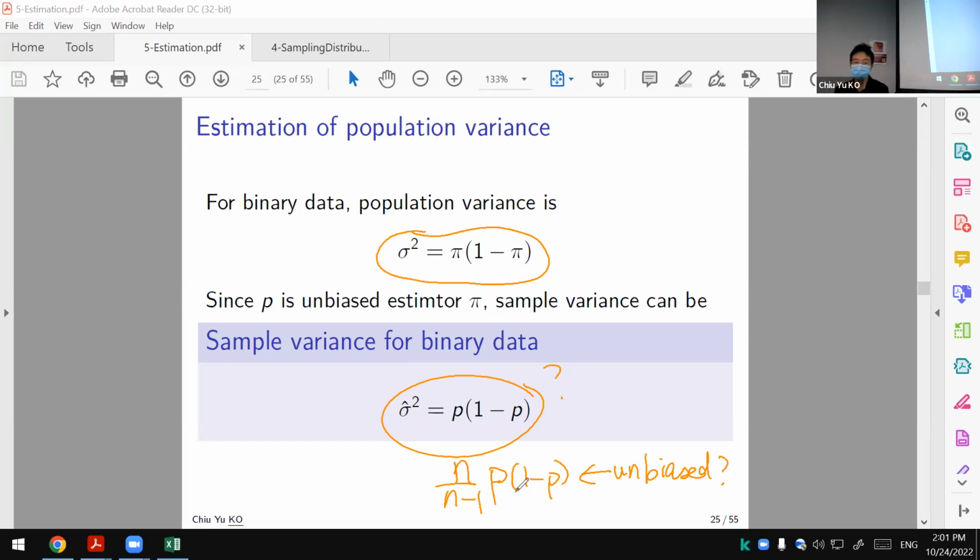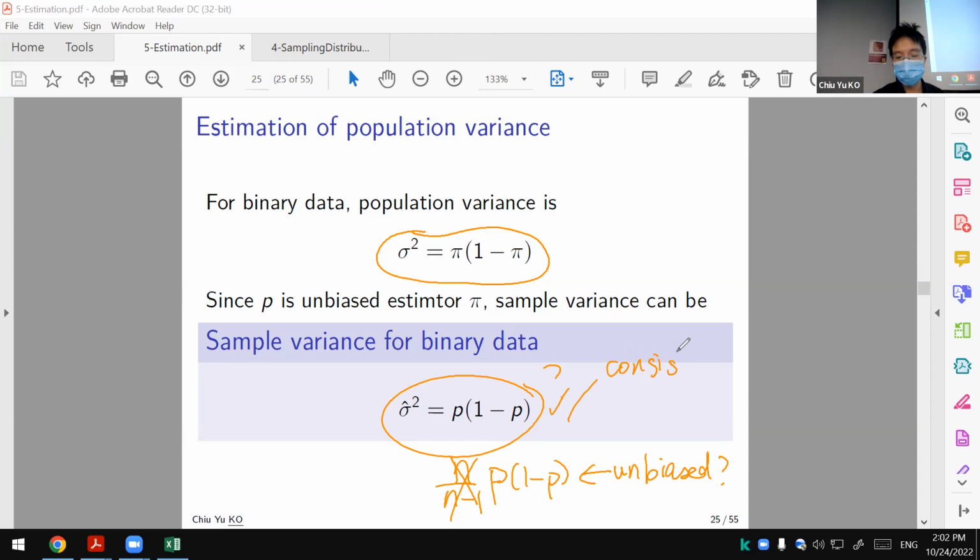In general, yes, you should use this guy, but in actual practice, we don't. The reason is that when we have binary data, usually n is big, and this adjustment tends to make little difference. So we just skip it. It is biased, but in general it doesn't cause an issue. For simplicity, we just use this one, which is still consistent.